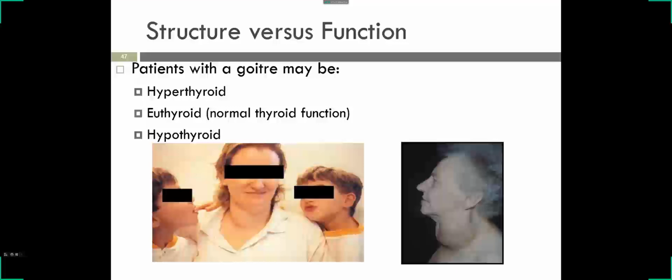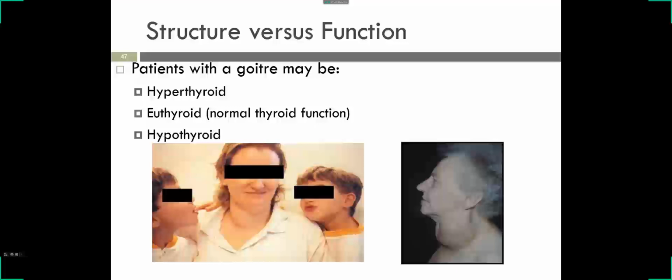It's important to know that the presence of a goiter does not necessarily mean that the thyroid is malfunctioning. A goiter can occur in a gland that is producing too much, hyperthyroidism, too little, hypothyroidism, or the correct, euthyroidism, amount of thyroid hormones. A goiter indicates there's a condition present which is causing the thyroid to grow abnormally.